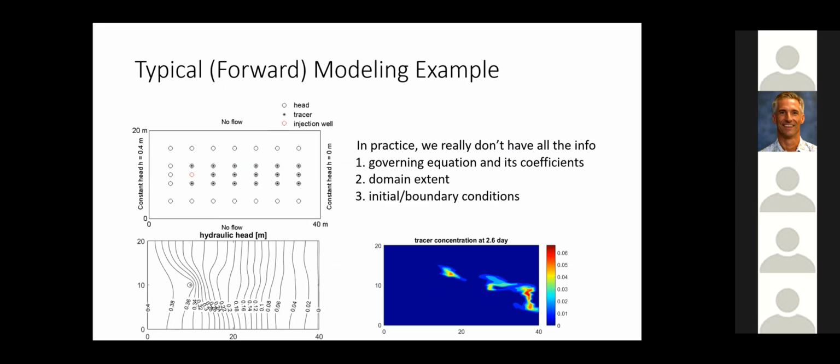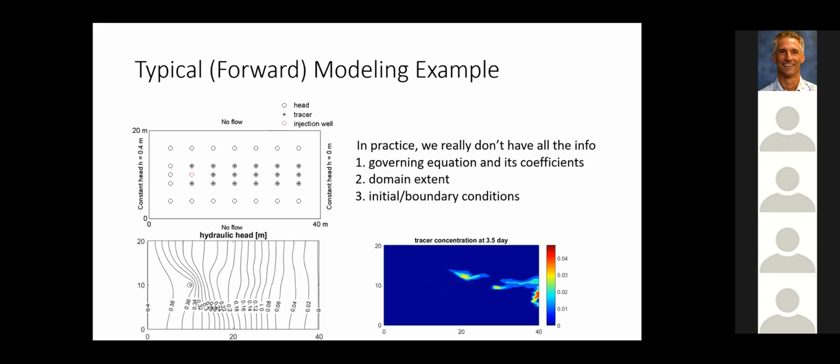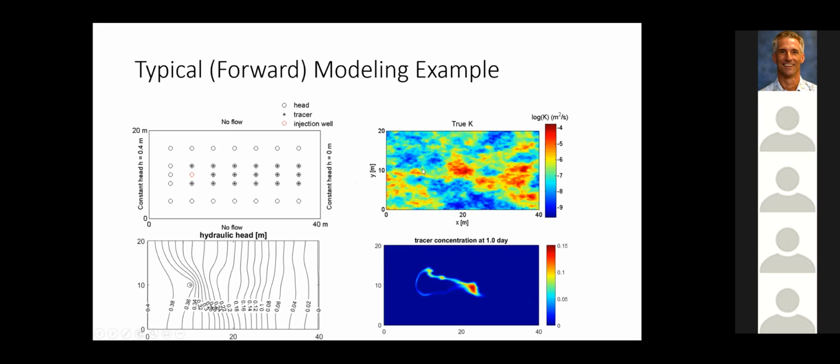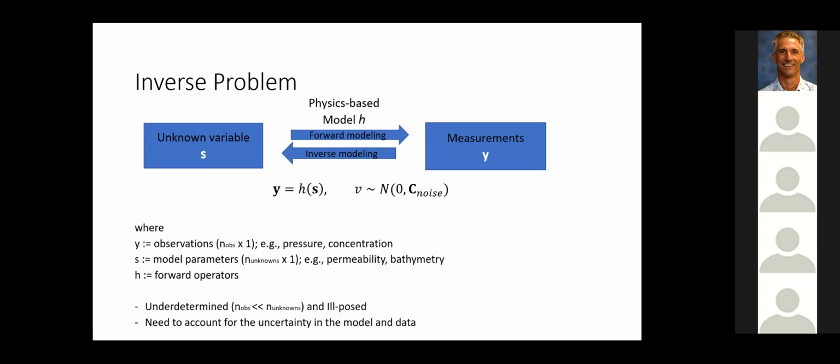Still, we really don't know the true permeability distribution, which is the PDE coefficient in the distributed domain. So using this sparse information, even though I said this is a luxurious setting, to get to know the permeability at every pixel is really hard to predict. The terminology for this kind of process is inverse modeling.